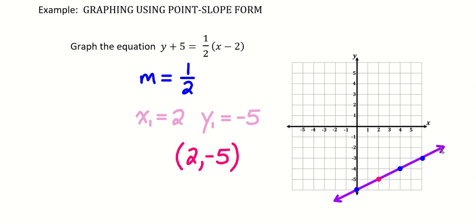Okay. That's that. So again, not too deep of a question, was it? Just, hey, if they give you an equation in that form, you go, oh, there's my m, there's my x1, there's my y1, and you don't need anything else. It's all right here in front of your eyes to help you graph the line.